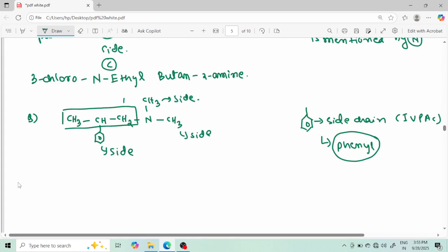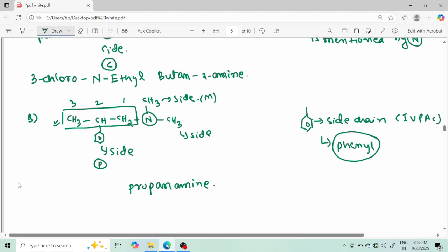I'll start numbering from here, 1, 2 and 3, because this nitrogen is the functional group. So let's write the parent chain name: meth, eth, prop, propane, N, amine. Done. Now we'll write the side chains. One is phenyl, that stands for P, and the other two are identical, methyl. So M comes first.